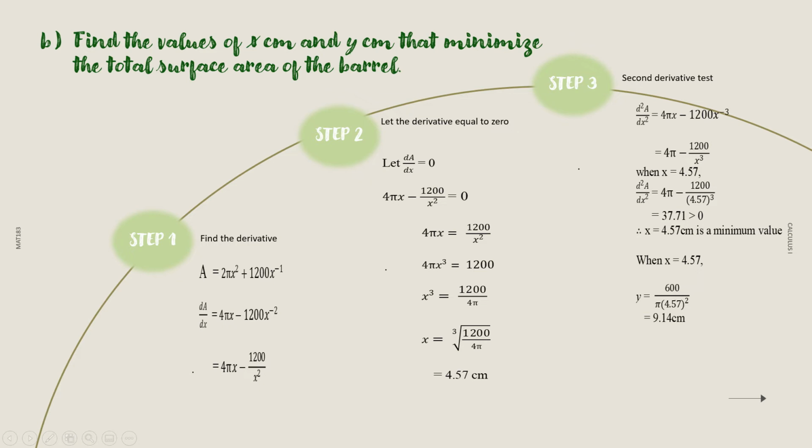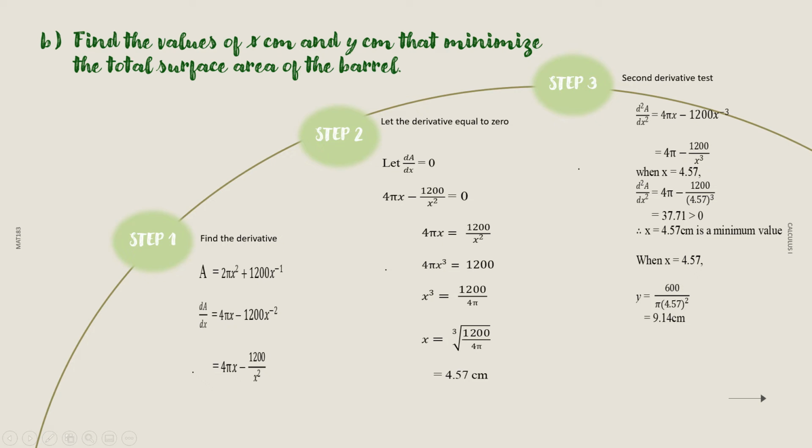The last step is the second derivative test. We do the second derivative and it will be 4 pi plus 2400 over x cubed. When x equals 4.57 from step 2, we substitute it inside the second derivative and it will be 37.71, and this value is more than 0.